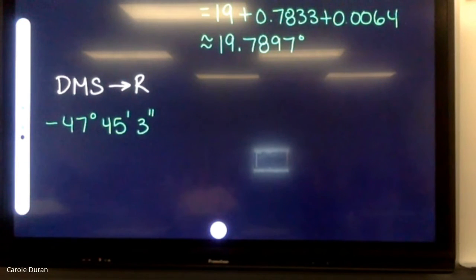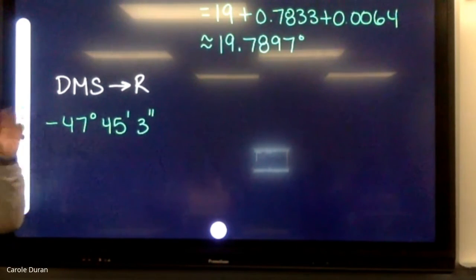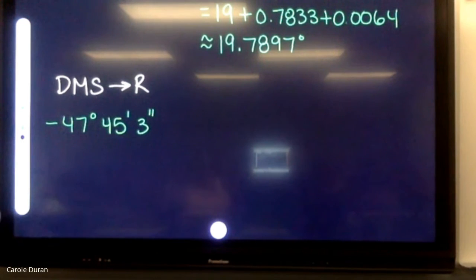You have 47 minus, and then whatever you do to solve. Earlier, we used it as more of just assuring that we remembered we were dealing with a negative angle. On this one, we're actually doing the subtraction. So on this one, I'll show you. Okay, we'll just do it.